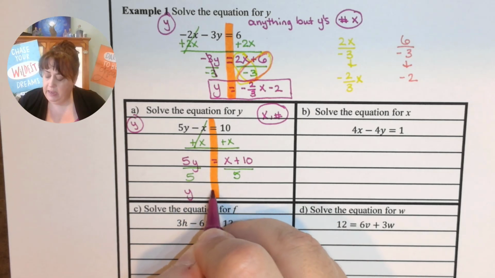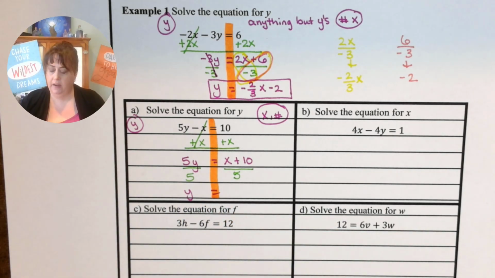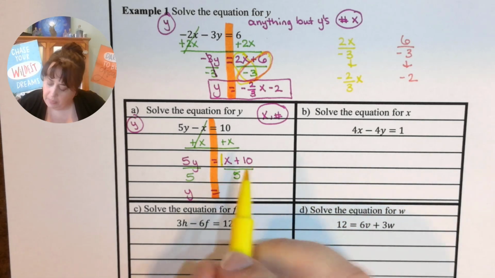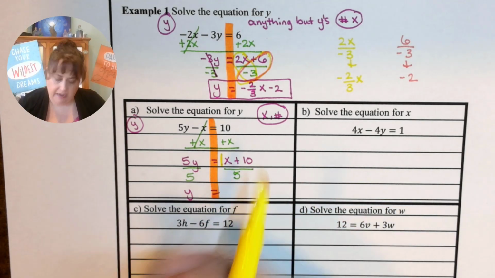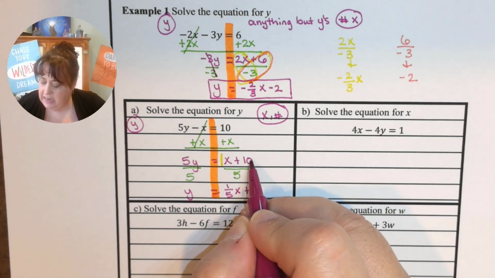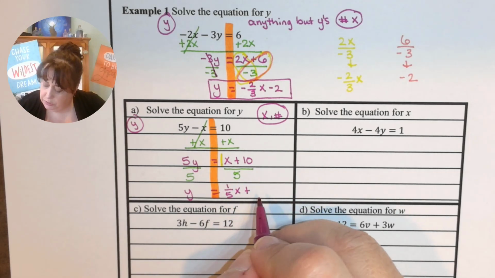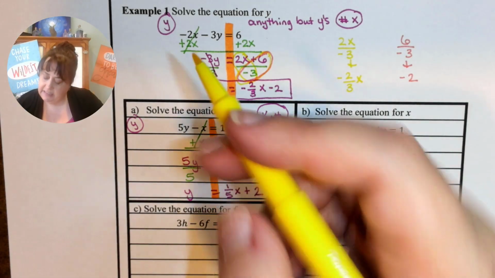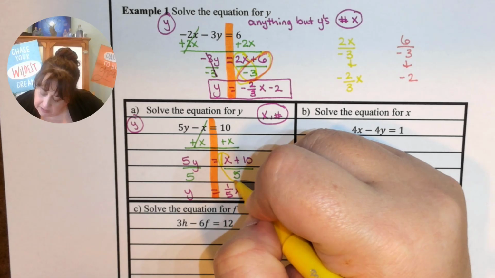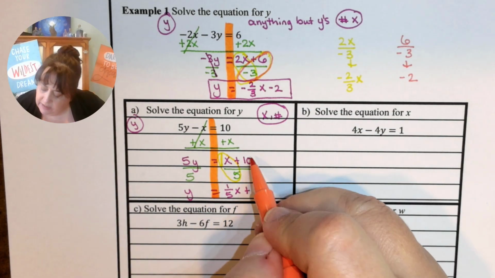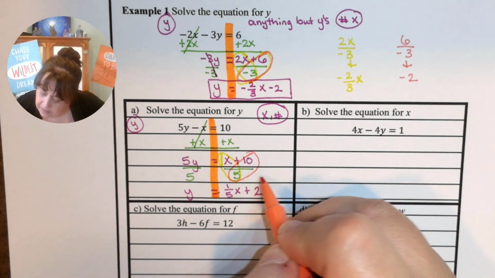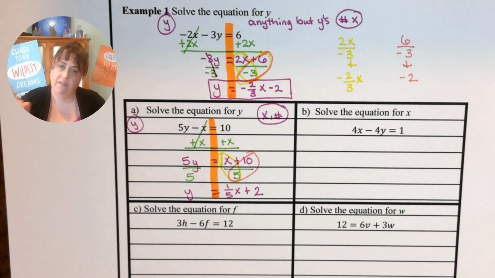So y equals, well, there is a 1 in front of this x right here. So that is 1/5 x plus, and then 10 divided by 5 is 2. So just in case you didn't see it, there's your 1/5, and your 10 divided by 5 is 2. So that 5 has to go to both things. It's like distributive property with division.